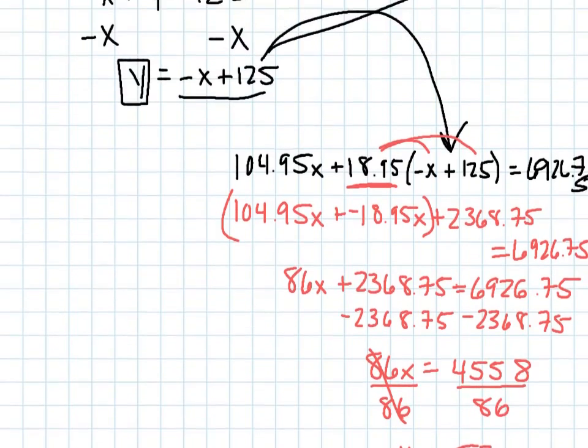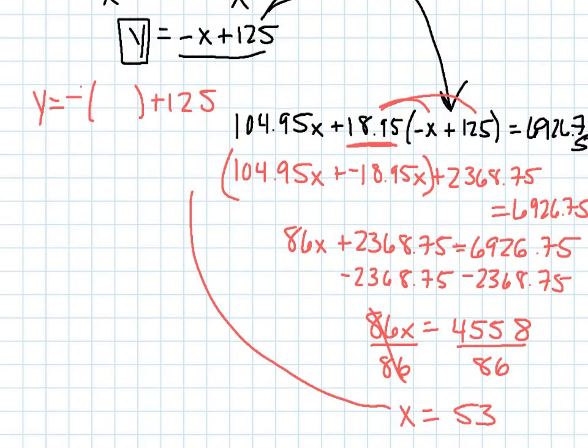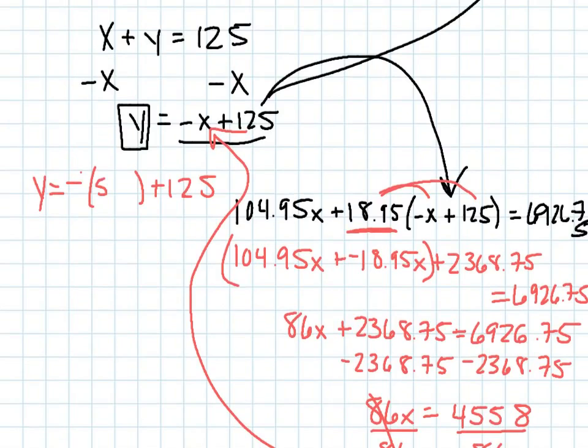Okay? Let's go back. Now you need to know how many speakers you sold. So if you go back to this equation, y equals negative x plus 125. So you're going to insert this 53 in for your x over here to figure out your y value.